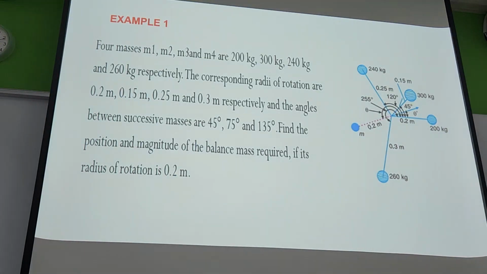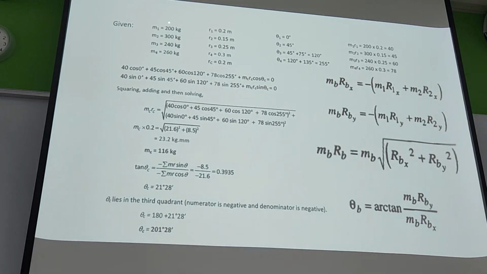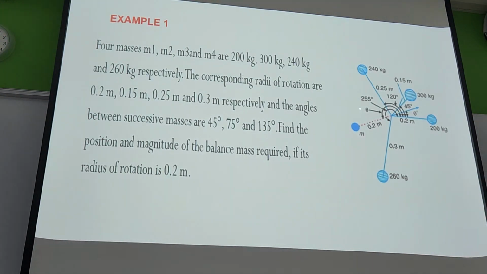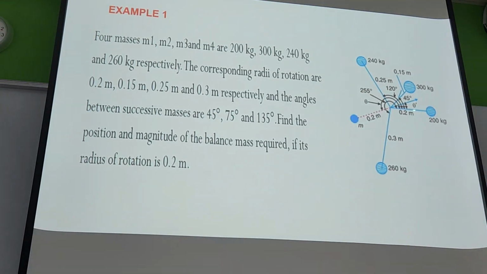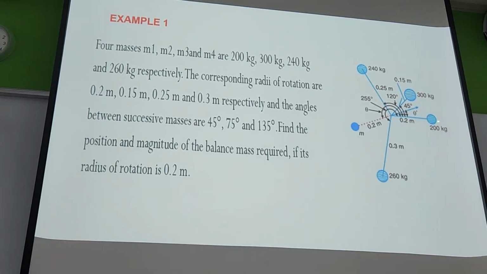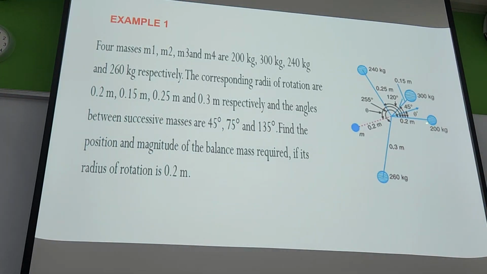So in this case, you have to make the sum of the forces acting on the system 0. How do we do this? We just write down the data given. We know M1, M2, M3, M4, R1, R2, R3, R4. The balancing mass position RC is given as 0.2 meters. From the given figure, M1 is along the x-axis, so the orientation theta 1 is 0 degrees.